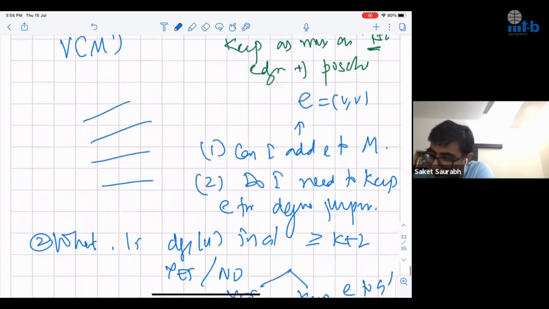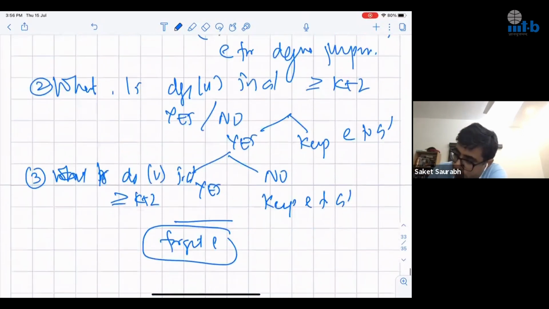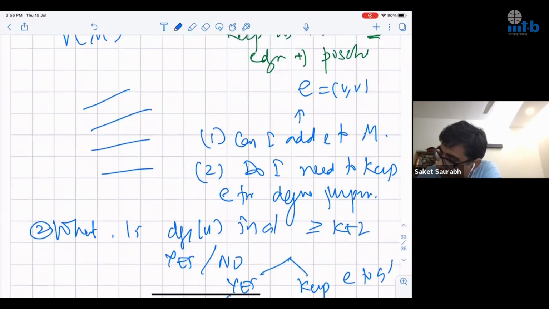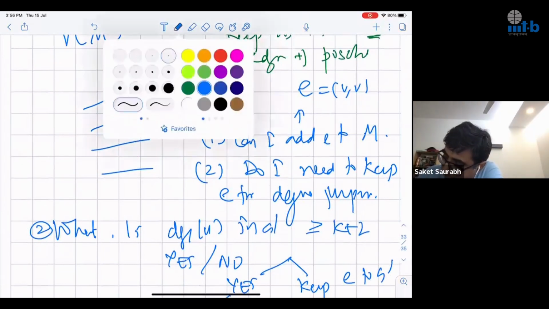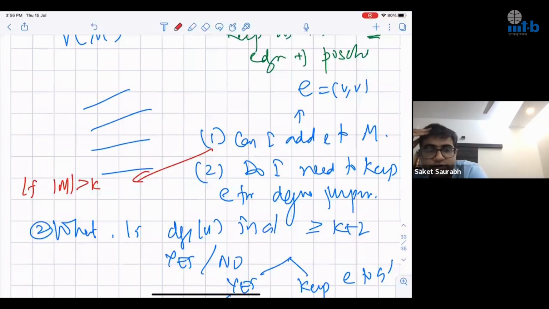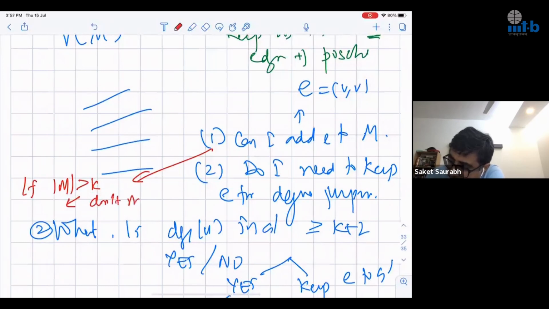I also need to add something more. I should have a step 0: can I add E to M? What can you say if the cardinality of M becomes more than K? Then you don't store anything. Just keep K plus 1 edges in M and after that, don't do anything at all.